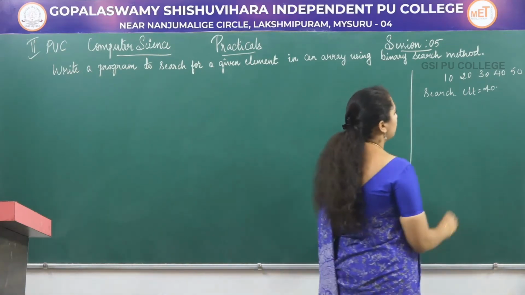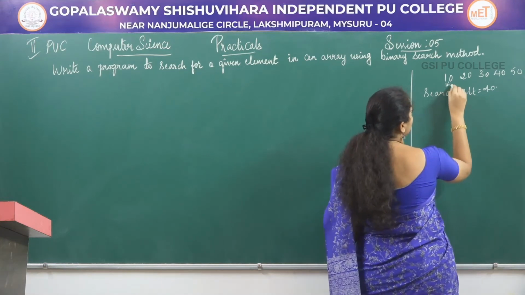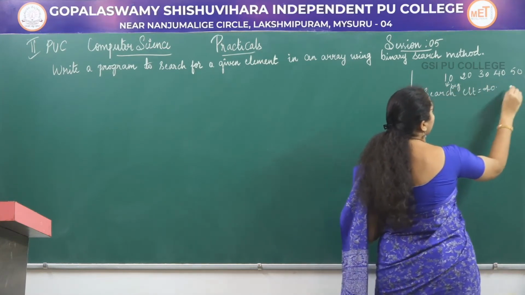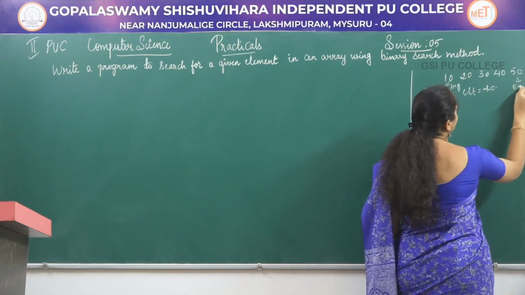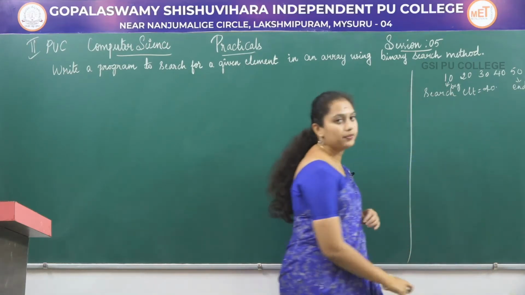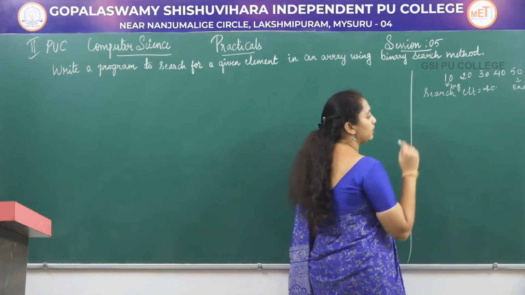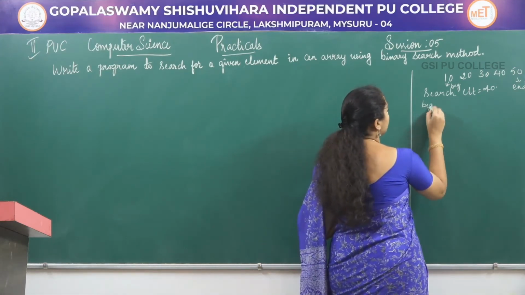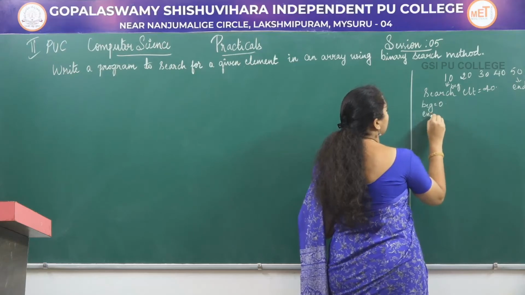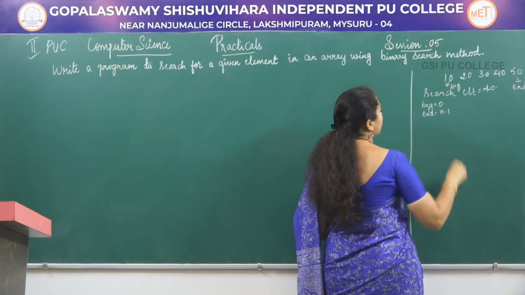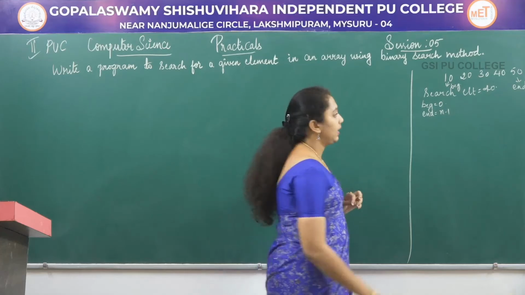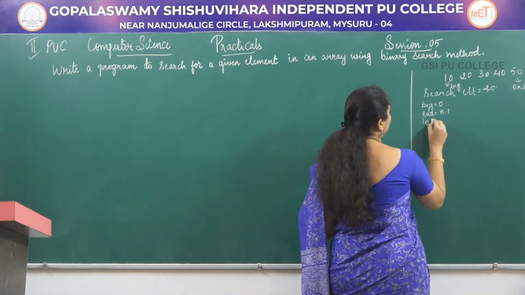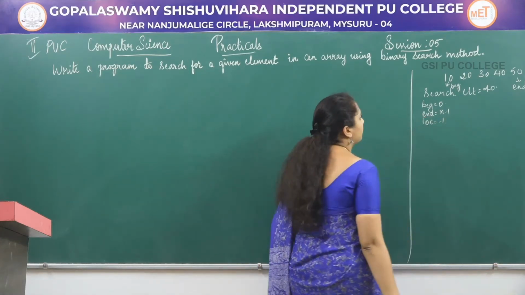First we have to consider the beginning of the array and the end of the array. So beginning is equal to 0, end is equal to n minus 1, and location is equal to minus 1.